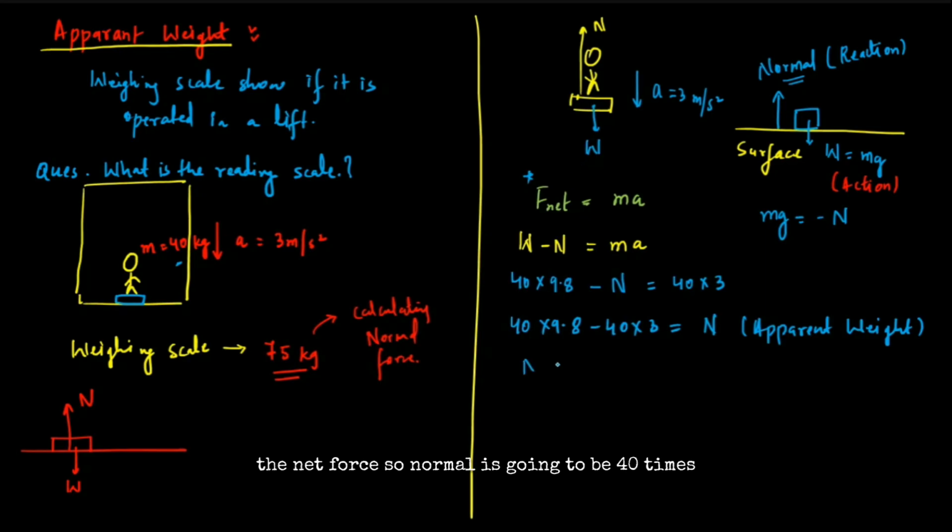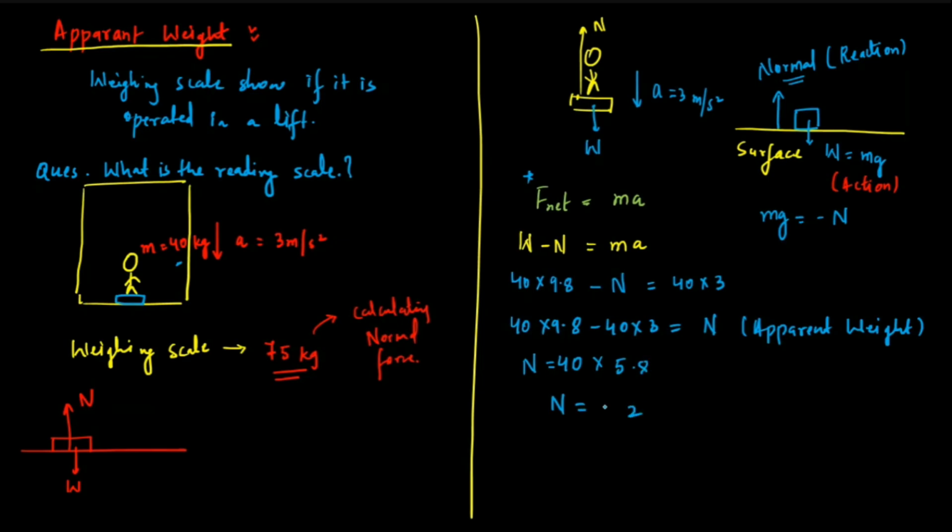So normal is going to be 40 times, I would say 6.2. No, 5.8. 40 times 5.8. So this is going to be 223 newtons.